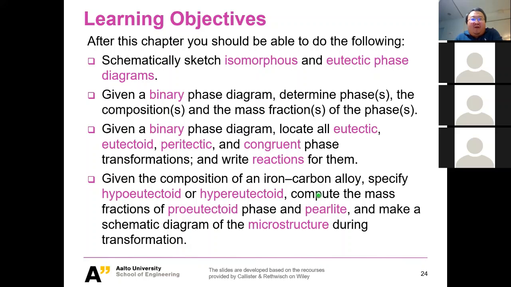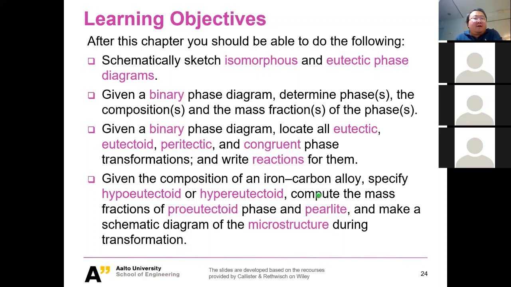With such an alloy, you will be able to specify hypoeutectoid and hypereutectoid, and you will also be able to compute the mass fraction of the proeutectoid phase and pearlite.